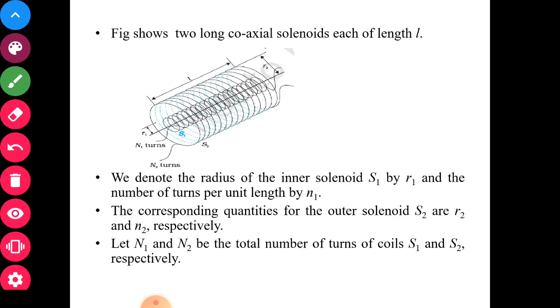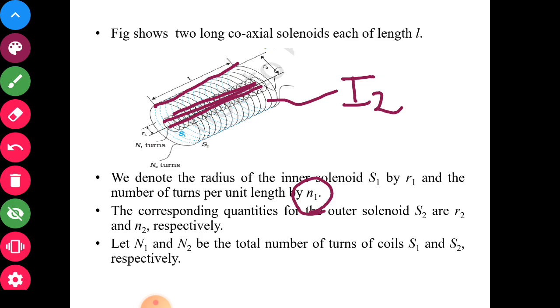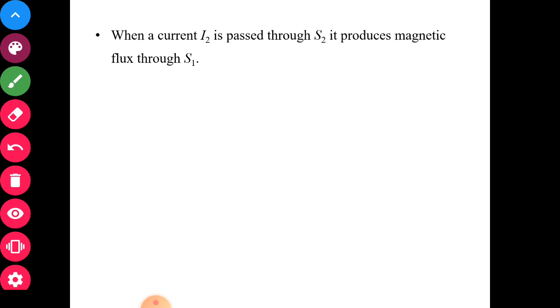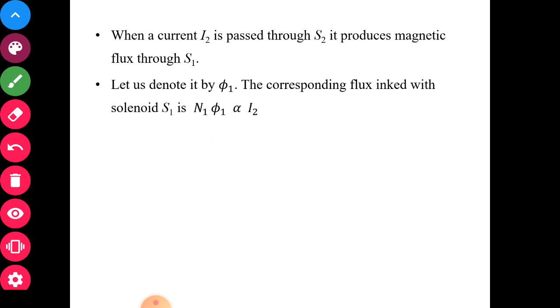You are passing the current I2 through the outer solenoid, and that current produces field lines inside the bigger solenoid, and the field lines associated with the smaller solenoid can now be calculated easily.